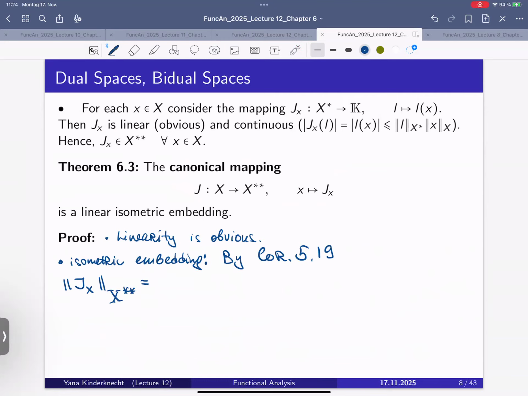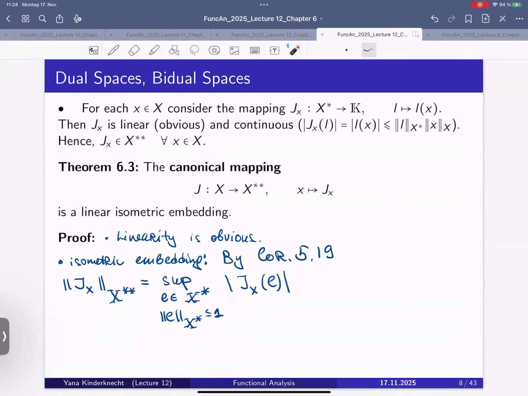So it is, by definition of the norm of a linear functional, the supremum over all L in this space X star whose norm is smaller or equal to 1, and I take evaluations of this functional on points of this space X star.